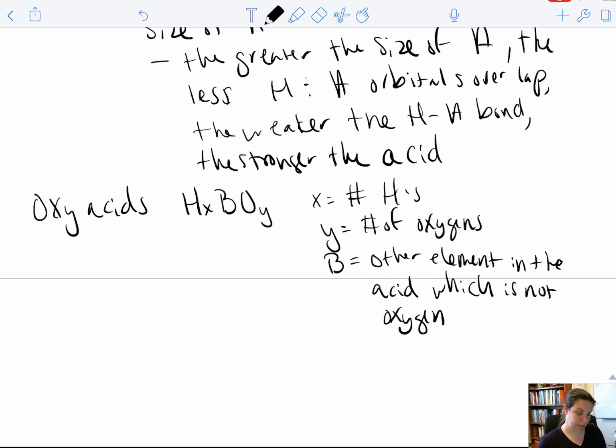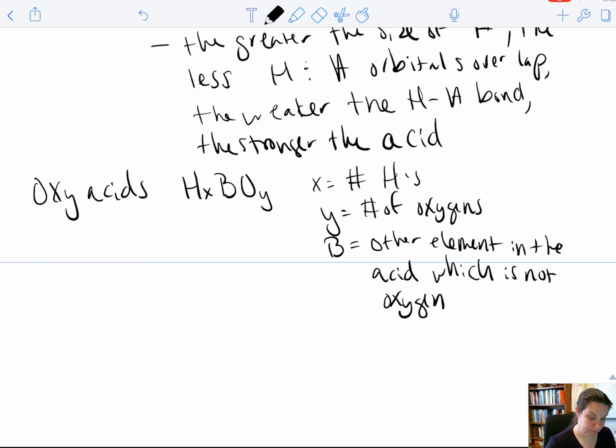Okay. So we can look at the polarity of the B element or the number of oxygen atoms.